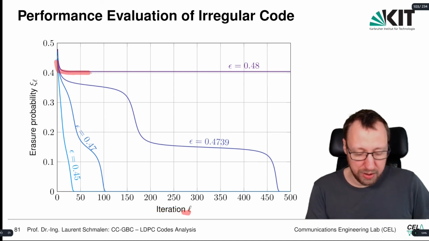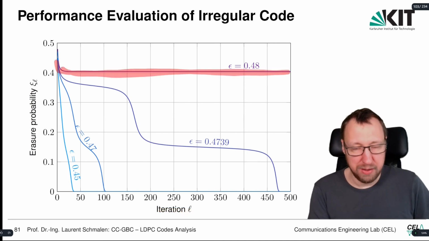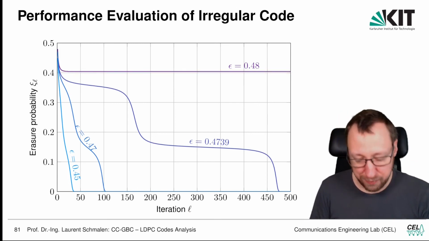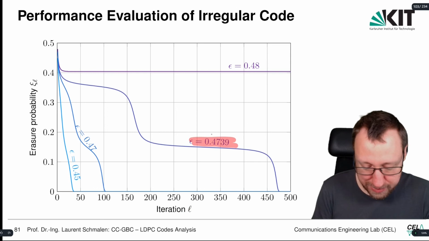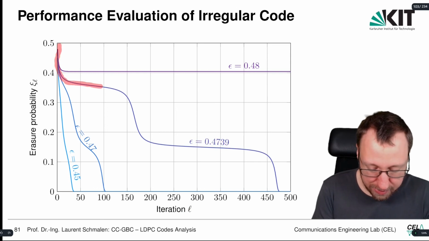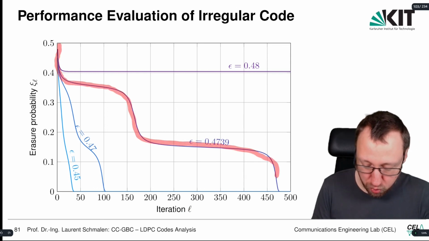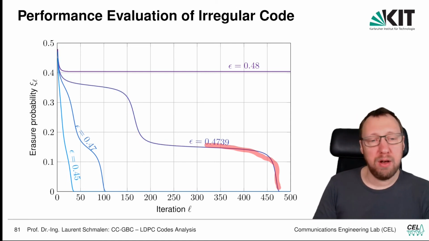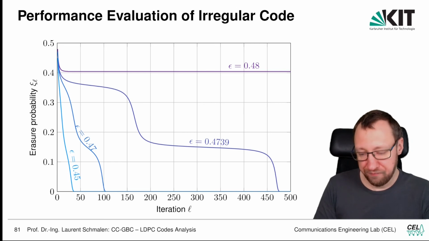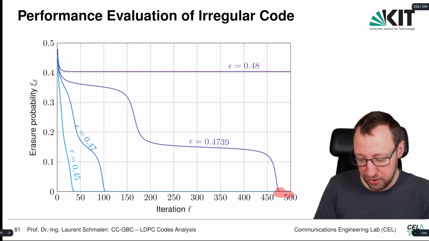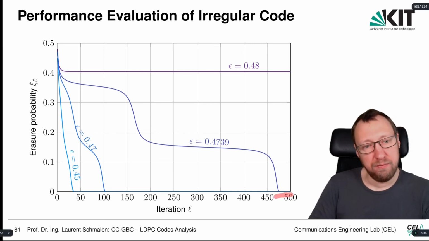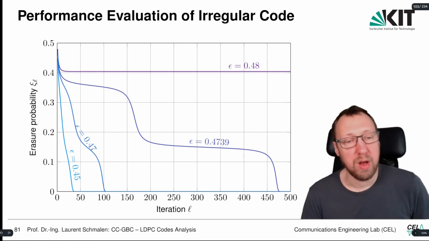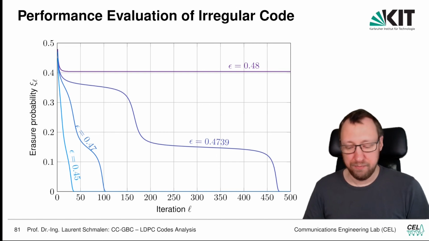But if you decrease epsilon a tiny bit, for instance to 0.47, you see that it steadily decreases. There are two jumps where it decreases more rapidly, but after 500 iterations, we have reached 0. If we decrease epsilon further, we converge significantly faster.